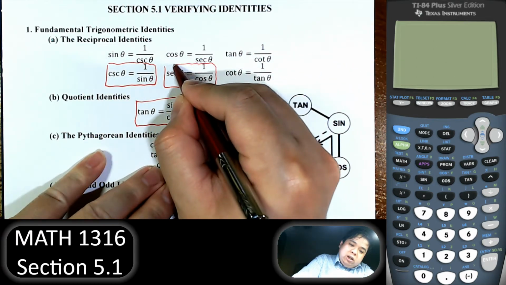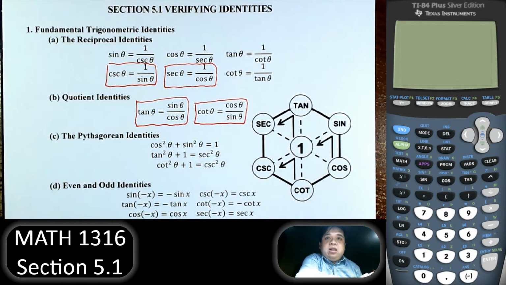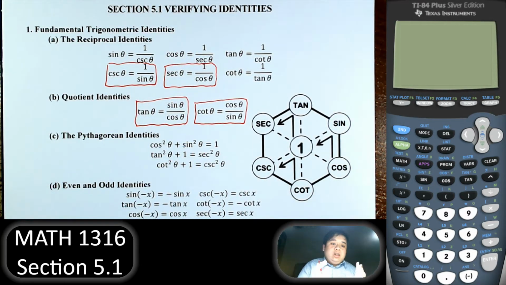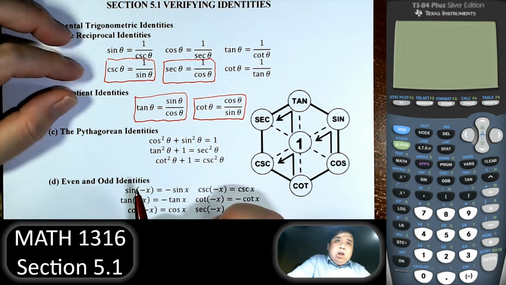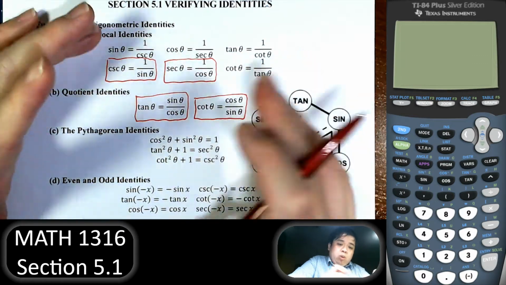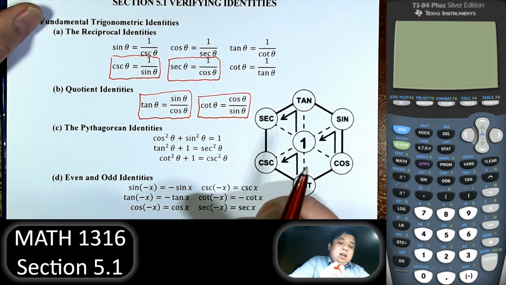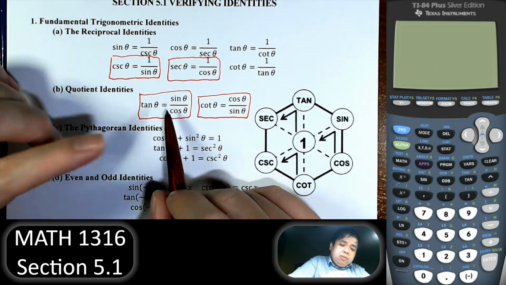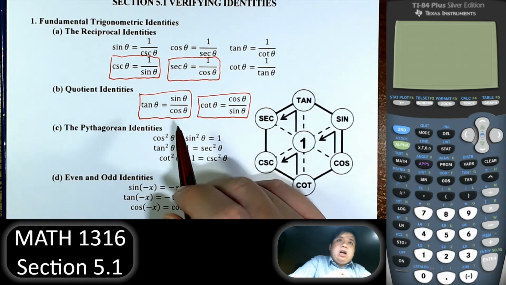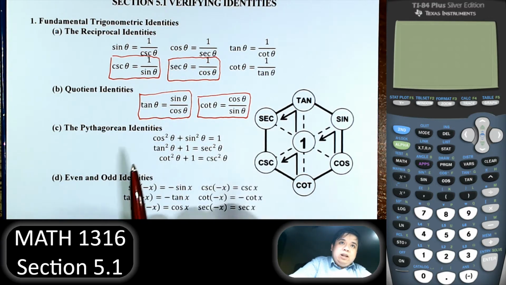So when we use those identities, we can write any trig function in terms of only sine and cosine. The first time we learn about proving identities, it will be easier if we change everything to sine and cosine. So in that case, we focus on those 4 identities.